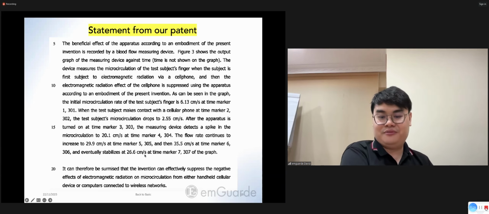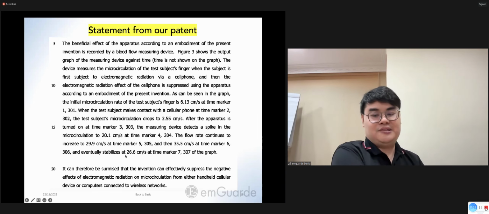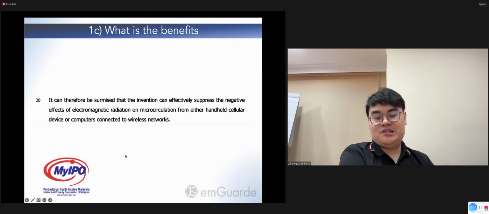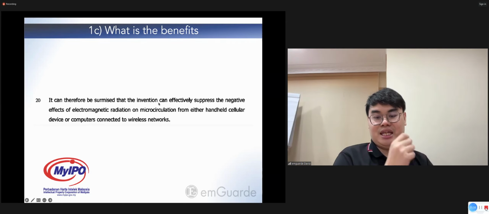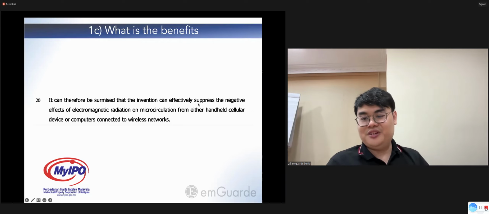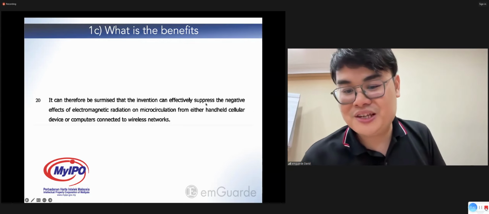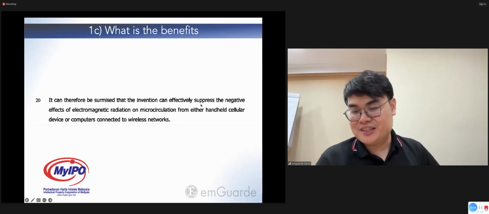Now next slide. This is the final paragraph of the patent. It says that it can therefore be summarized that the invention can effectively, I love this word effectively, you know why? Because effectively is a confirmation.